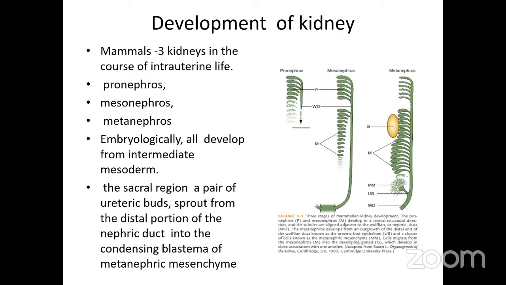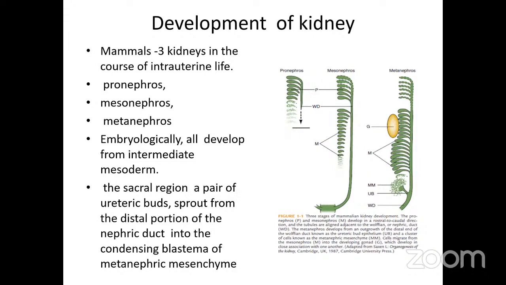Next slide. So a brief discussion about the development of the kidney. In mammals, there are 3 kidneys in the course of their intrauterine life: pronephros, mesonephros, and metanephros. Embryologically, all these 3 kidneys develop from intermediate mesoderm.